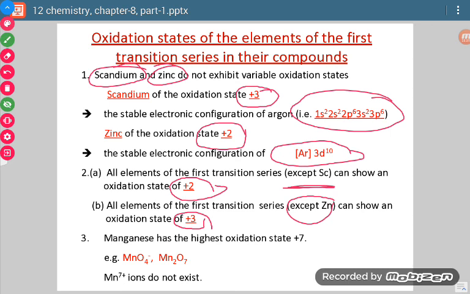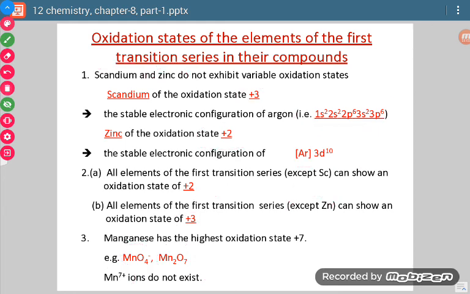One more thing: manganese can show the +7 oxidation state, but it is shown only in the combined state, just like in this ion or in this molecule. A single Mn7+ ion will not exist. It can show this oxidation state only in its combined state. This type of ion does not exist.